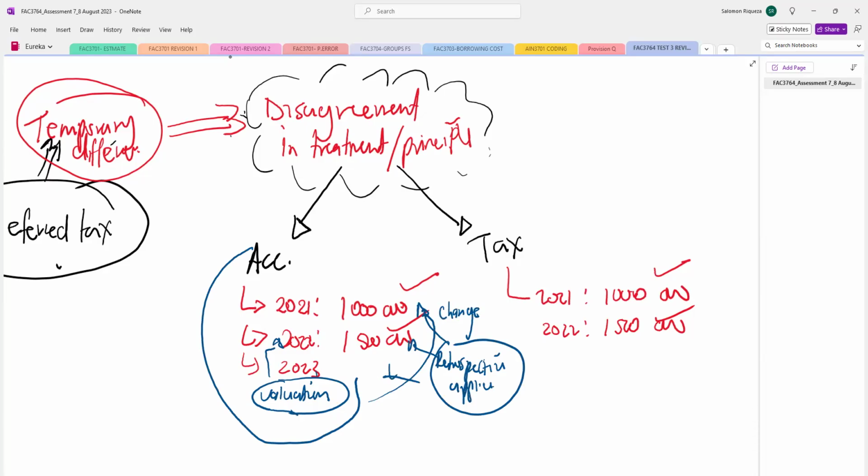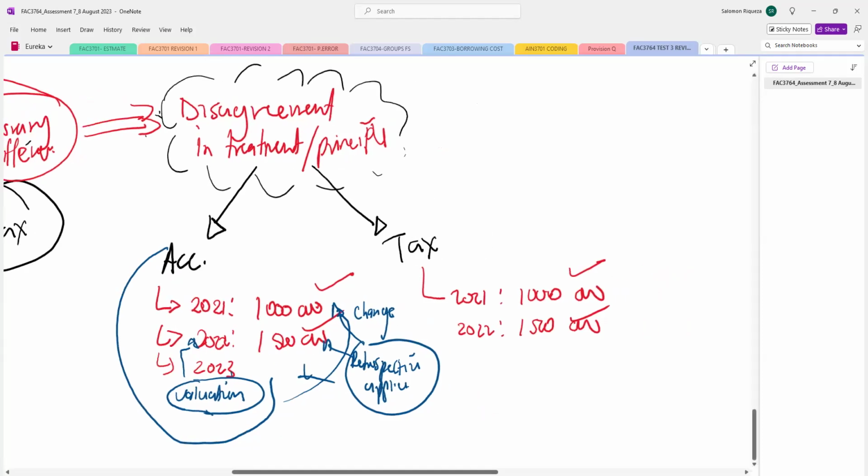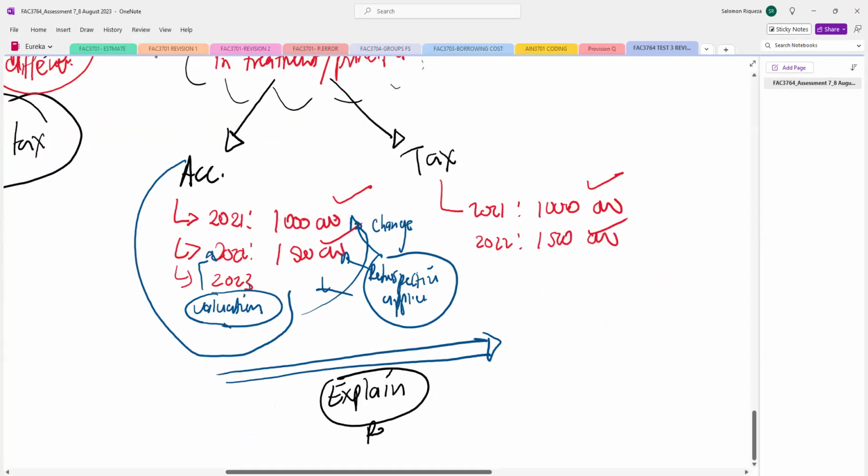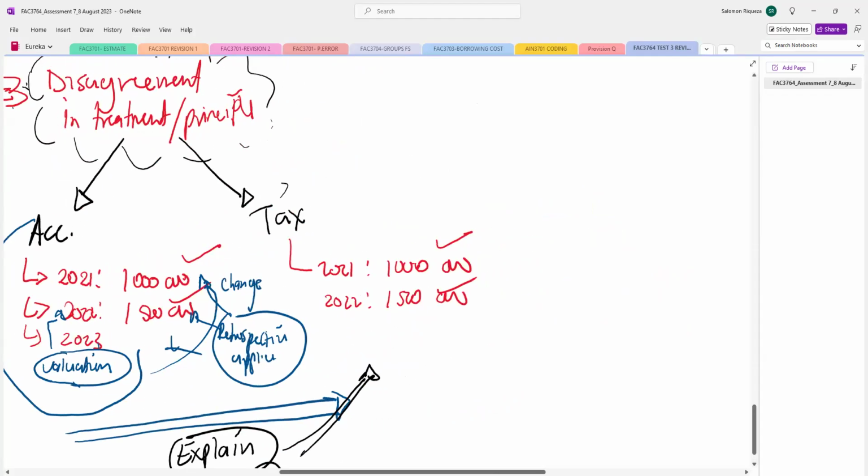So SARS will now have to come and say, okay, but why are you changing? That is why we do the note. You must explain why we are changing. So accounting will come here and explain the reason behind the change. Now, remember, SARS must always win.